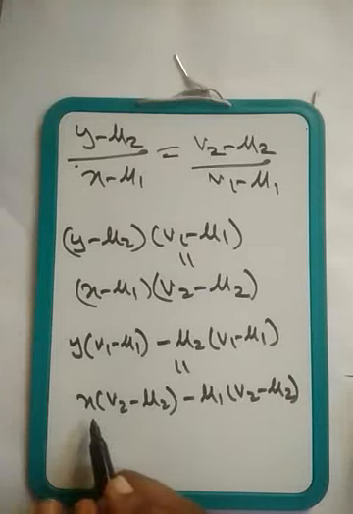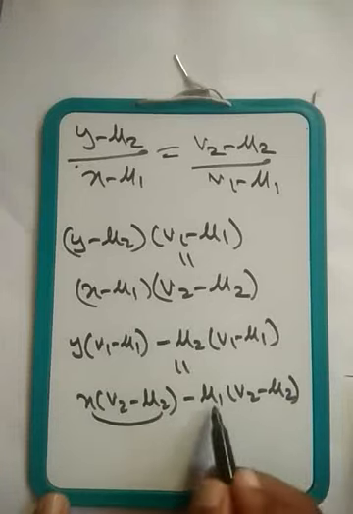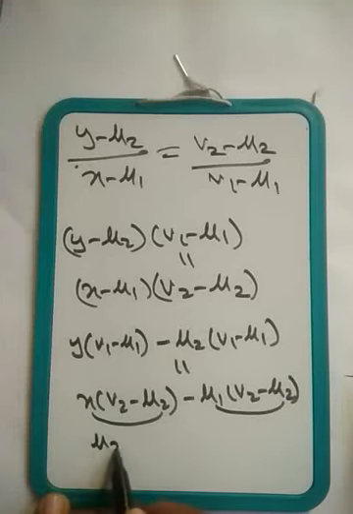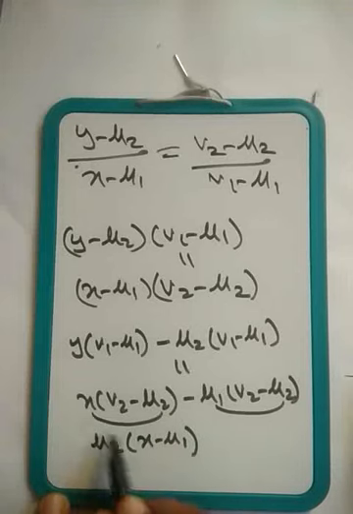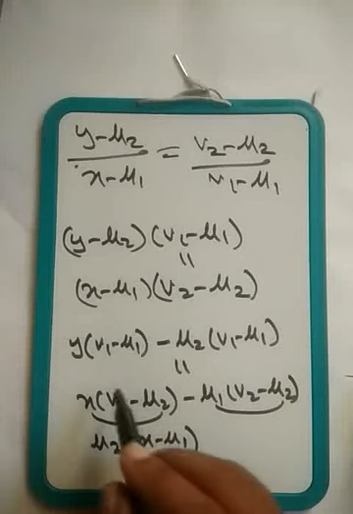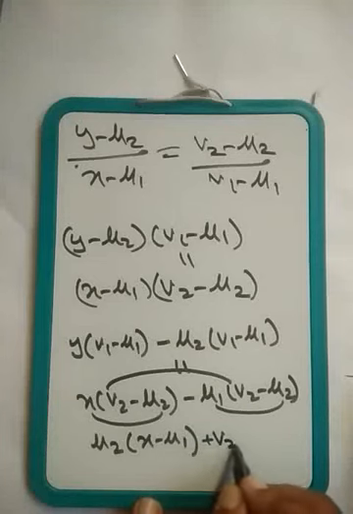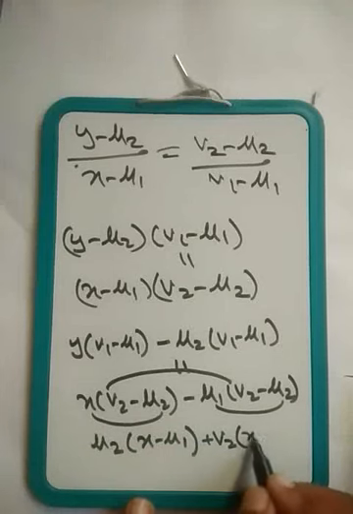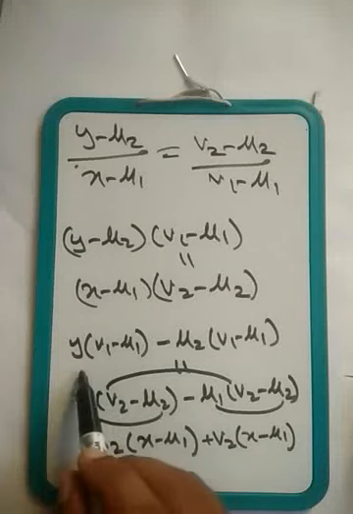If you look at the right hand side, this and this could be written as u2 times v1 minus x, and with respect to v2, this term and this term become plus v2 times x minus u1. And this part is still remaining.